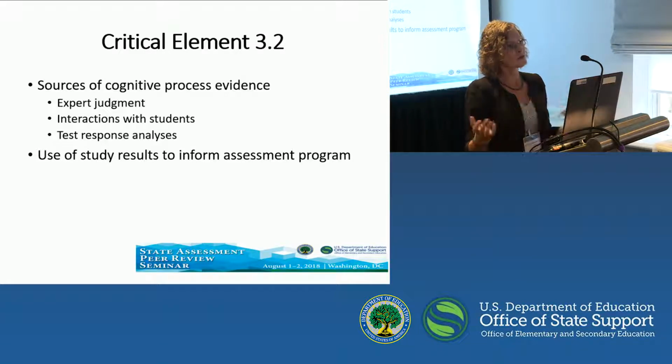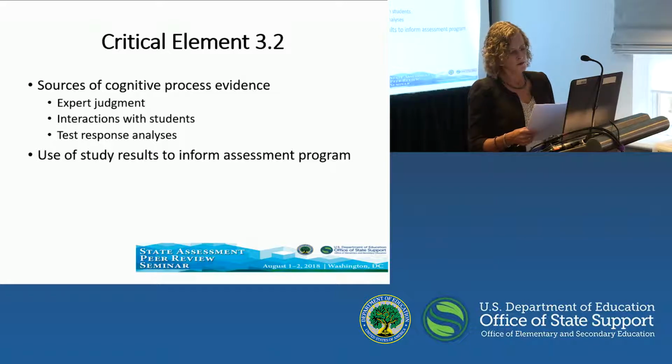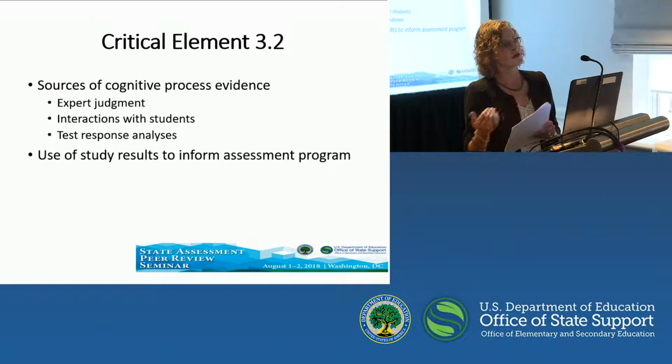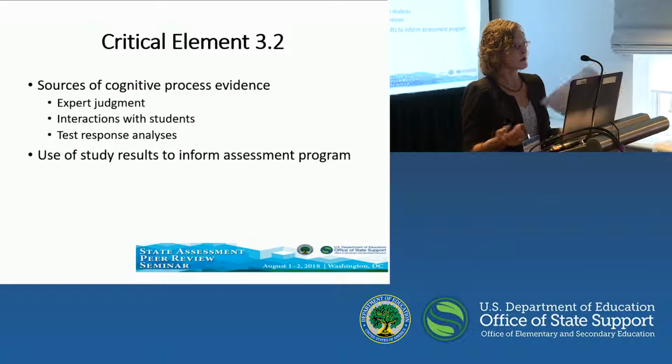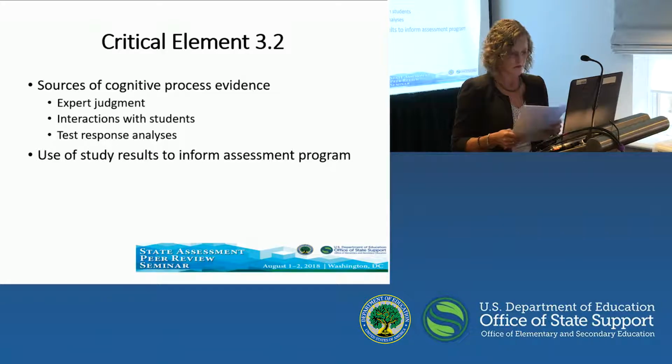So there was not evidence of the breadth of the assessment program having been studied in this way. States should supply evidence describing how a good number of items operate with a nice sample of students from different grades and content areas.